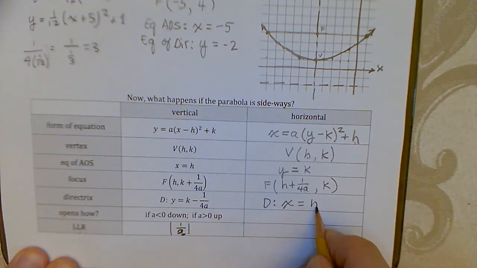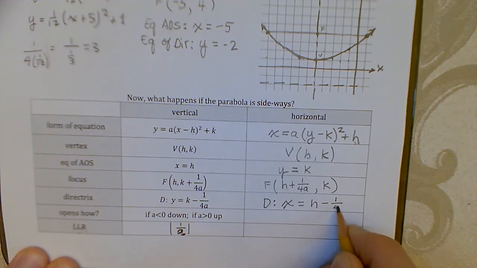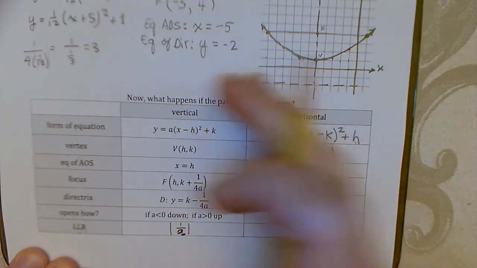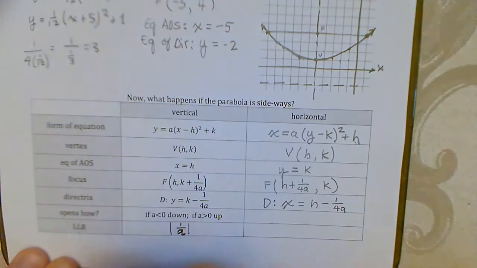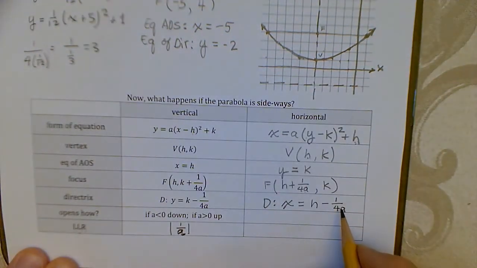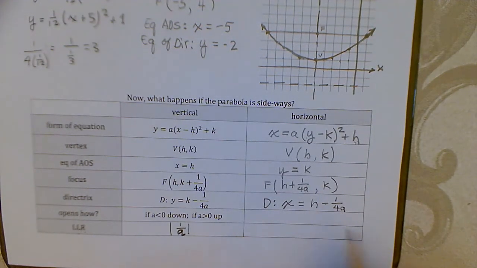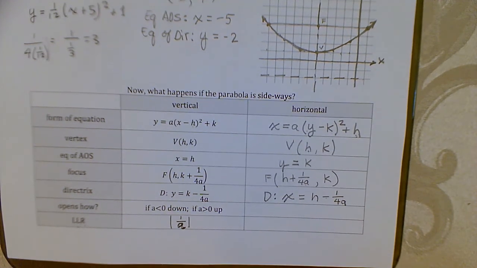So starting with the h, we're going to add or subtract negative 1 over 4a. And again, if the a were negative, then it'll be opening to the right, in which case we want the directrix to go to the right. And so that would turn that negative into a positive. So it'll all work out, but again, you don't necessarily have to memorize all these.